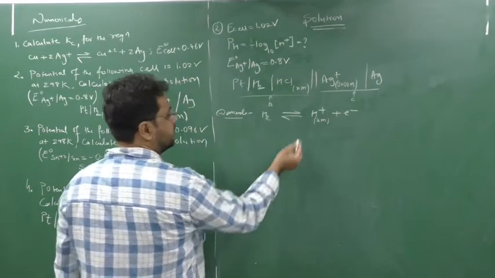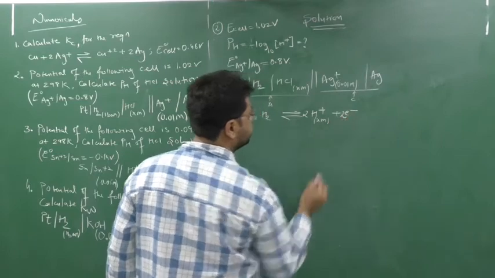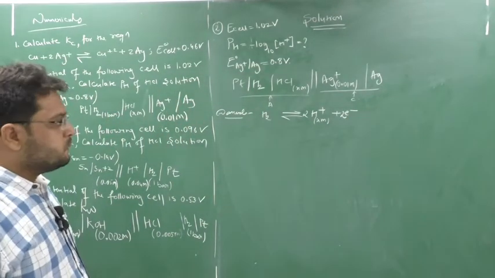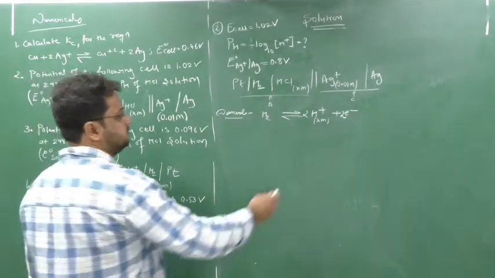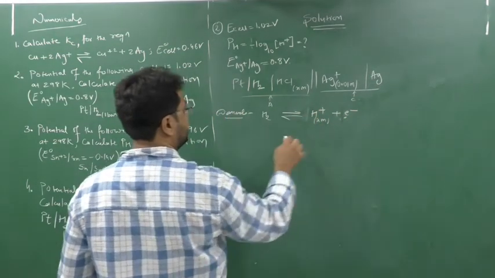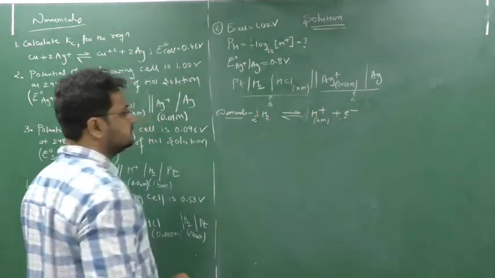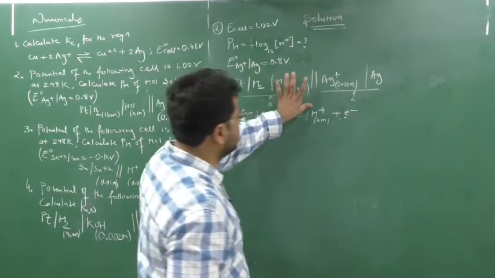Clear? For balancing I am putting 2 here, or I can put half here, one and the same.